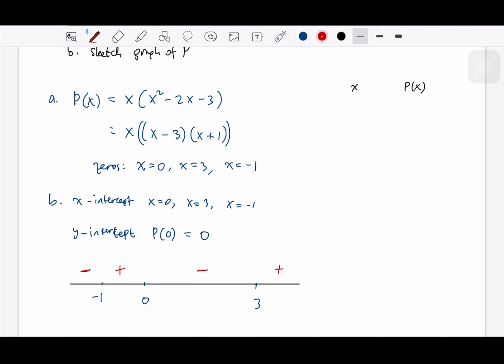So we know how the regions will be, which one is positive and negative.